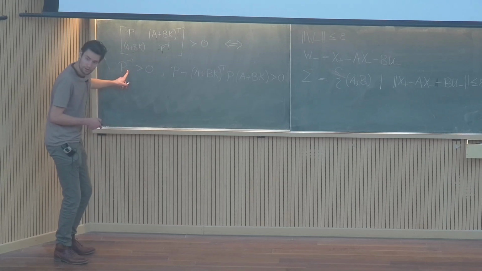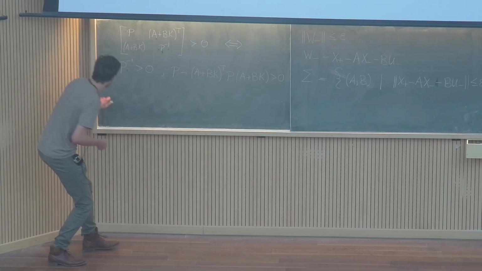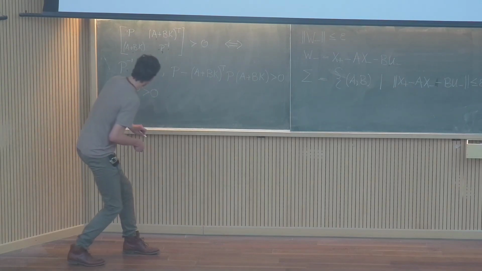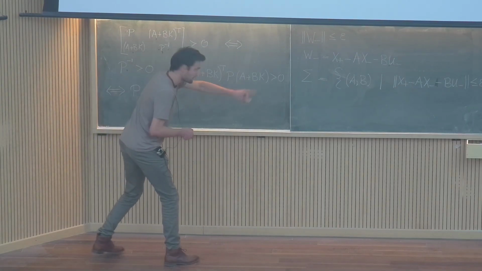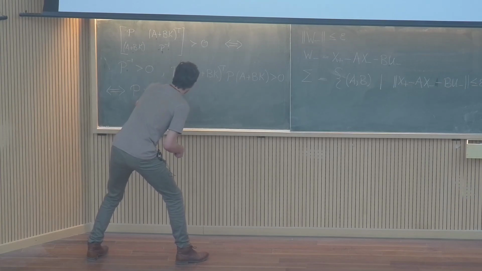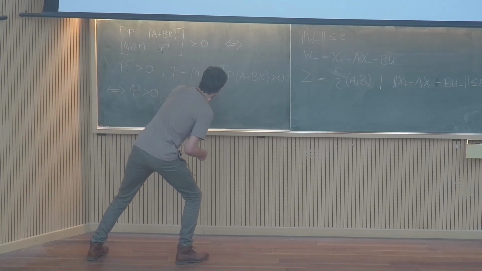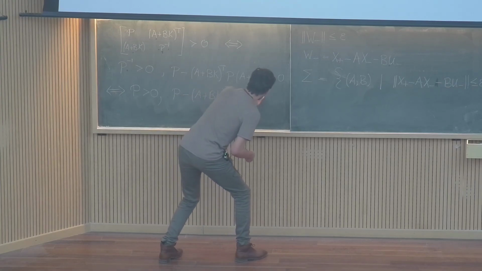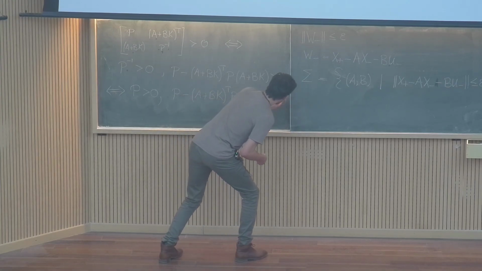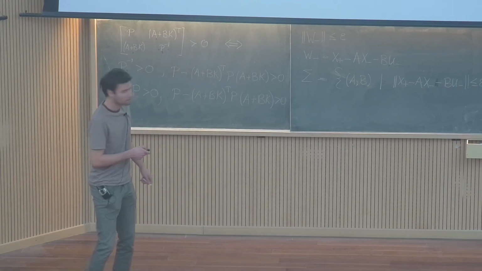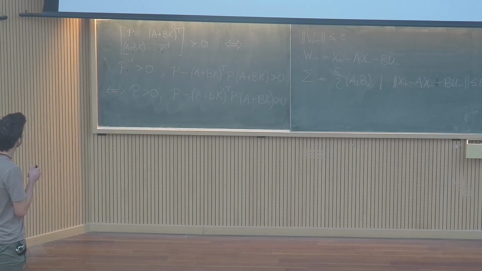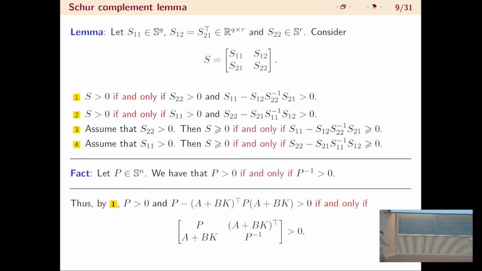Well, the positive definiteness of P inverse was equivalent to the positive definiteness of P. So this is equivalent to saying that P is positive definite, and indeed, the Lyapunov inequality holds. Great. So indeed, what I wrote on the slide was correct. Indeed, P is positive definite and the Lyapunov inequality holds if and only if this big matrix is positive definite.